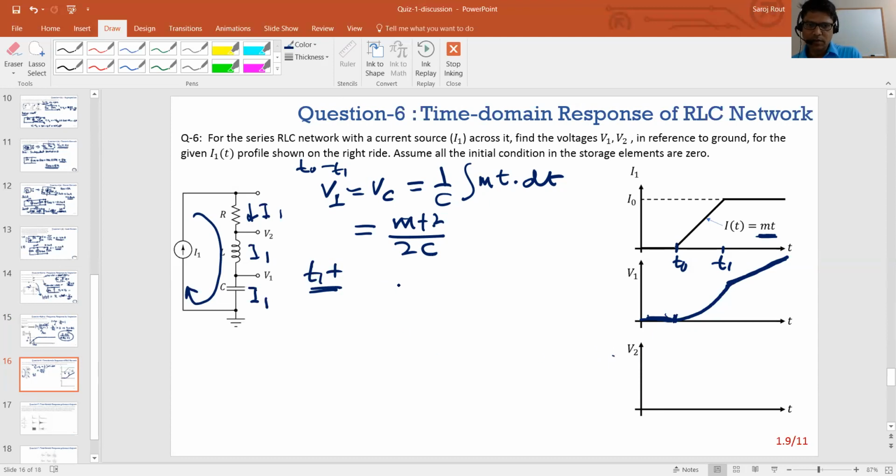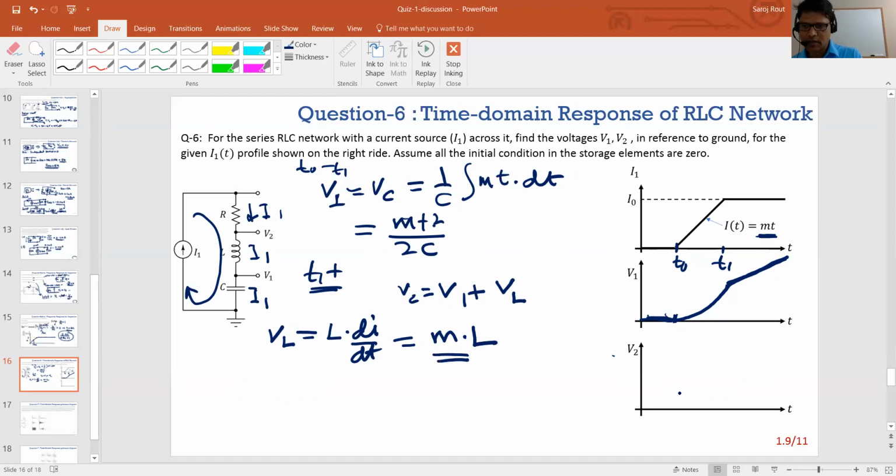Now V2 is nothing but V1 plus the voltage across the inductor, and the voltage across the inductor from 0 to T0 is 0, there's no current flowing through it. And then from T0 to T1 it's L di over dt, and if this slope is a constant with some value m, then this is simply mL.